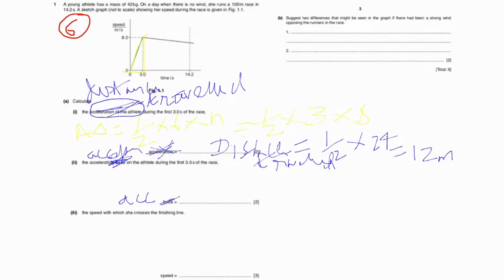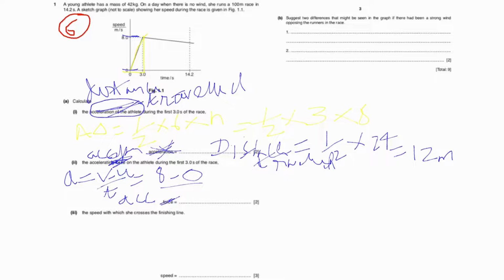Okay, so we will find out acceleration in the first 3 seconds of this race. So acceleration means change in velocity upon time. So acceleration equals final velocity minus initial velocity upon time. As you can see here, final velocity is given as 8 in the graph, initial velocity is given as 0, so 8 minus 0 upon time.